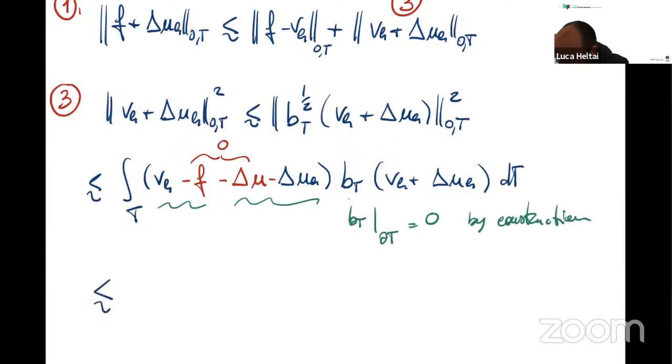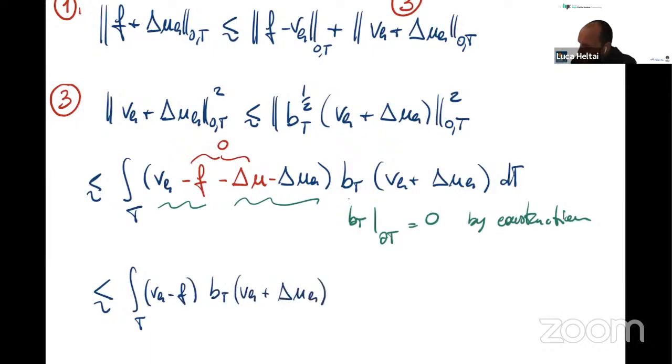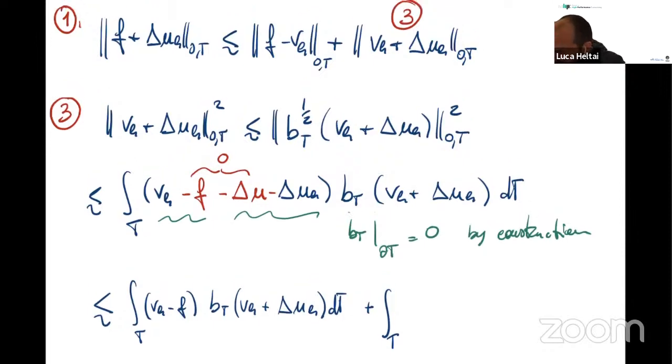I take the first part and I rewrite it simply as this, and I have b_T times v_h plus Laplacian of u_h here. And I take the second part and integrate by parts, exploiting the fact that this is 0 on the boundary by construction. So I get the integral on T, there's no boundary terms. And I have minus Laplacian of u minus gradient of u. Sorry, there's a plus. This is a plus, it's not a minus.